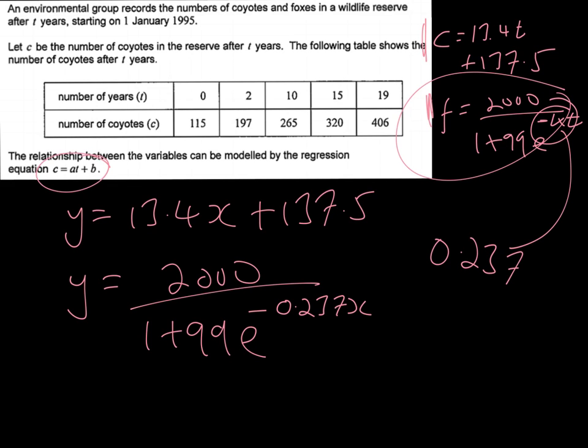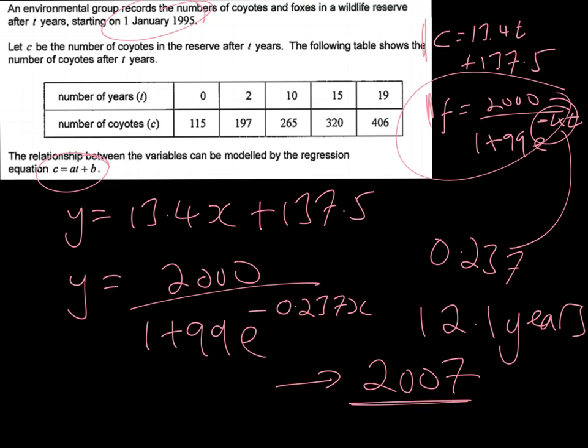And if we equate those graphically, we will find that the intersection is at 12.1 years. Because the question asks us during which year, if we started in 1995, it is therefore going to be at some point during 2007.